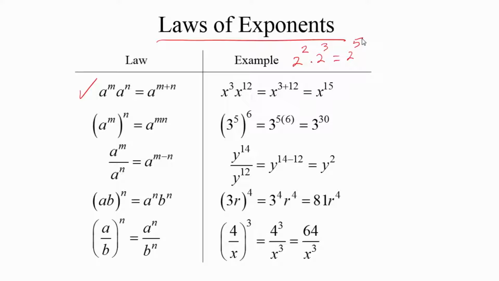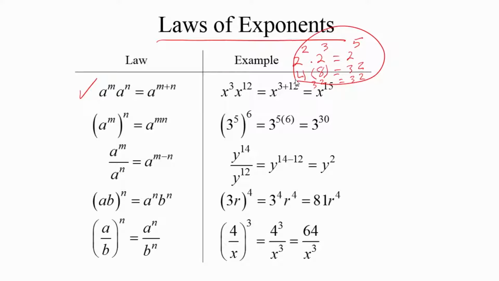A test of that would be 2 to the second power is 4, multiplied by 2 to the third power, which is 8. That should be equal to 2 to the fifth power, which is 32. What is 4 times 8? 32. So 32 is equal to 32. So that's kind of a proof of this law.